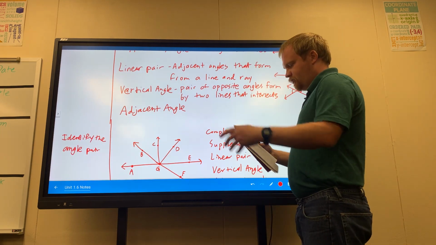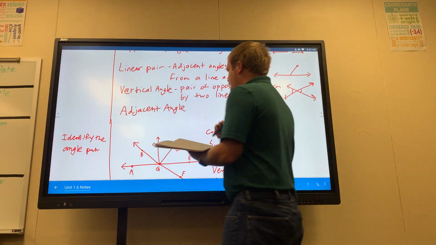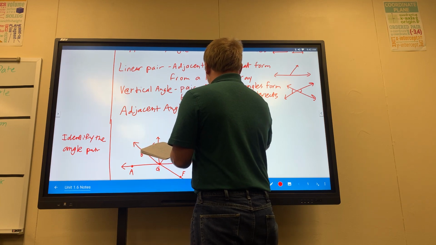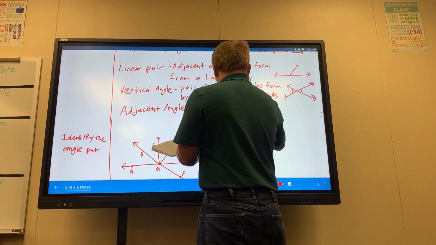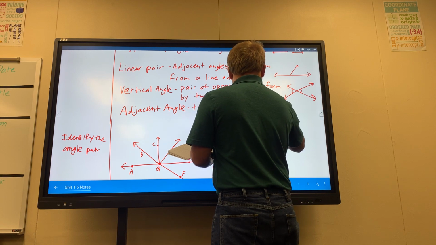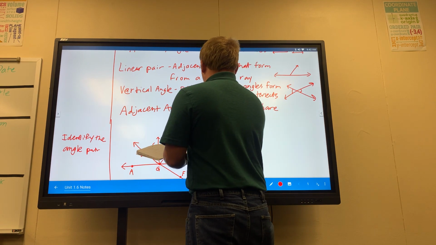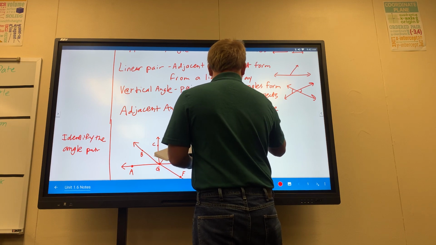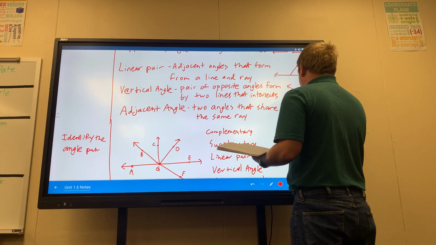Now, I mentioned what an adjacent angle is, but it's basically two angles that share the same ray. Okay?